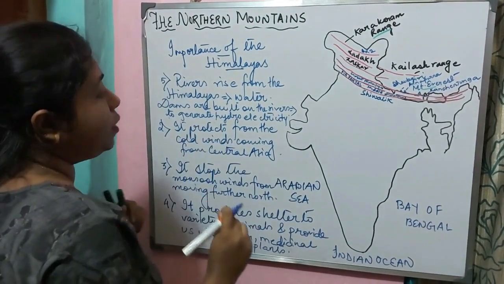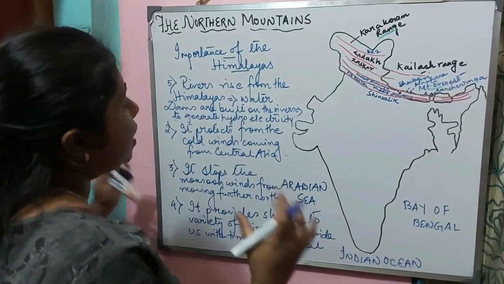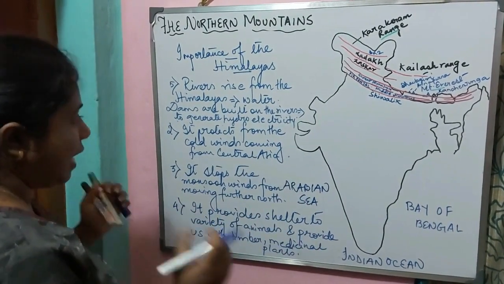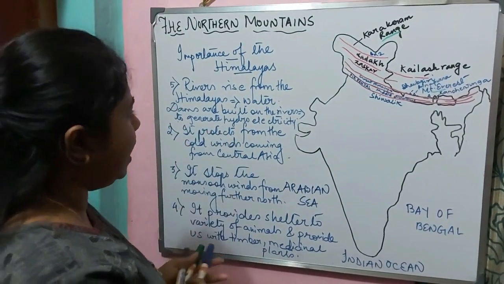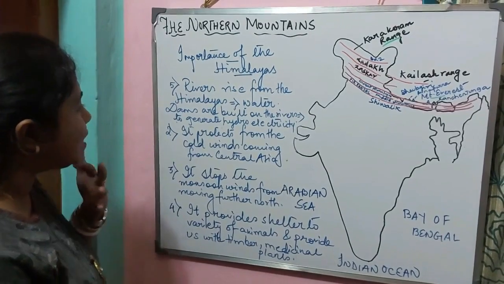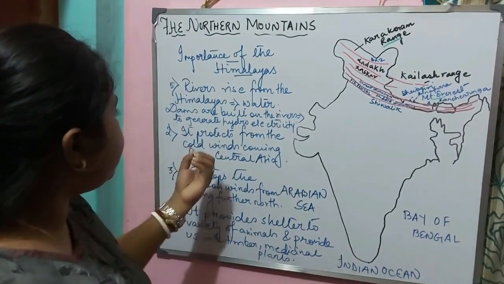Like you heard about the Maithon Dam. So that dam is built where? On the river, so that we can utilize the dam to generate hydroelectricity. So the different rivers rise from the Himalayas which provide water for different uses, and also dams are built on the rivers to generate hydroelectricity.